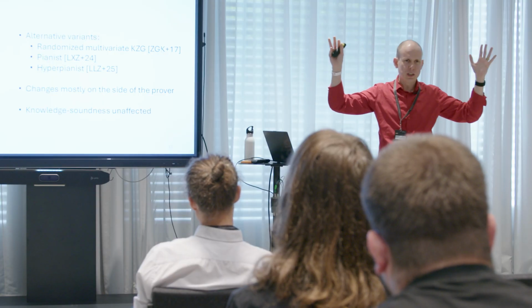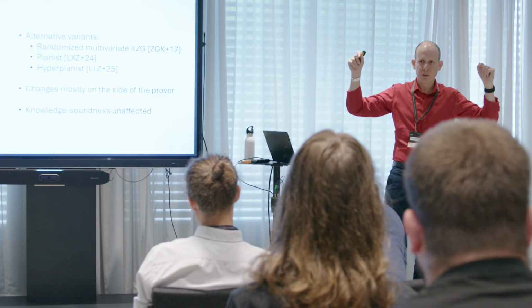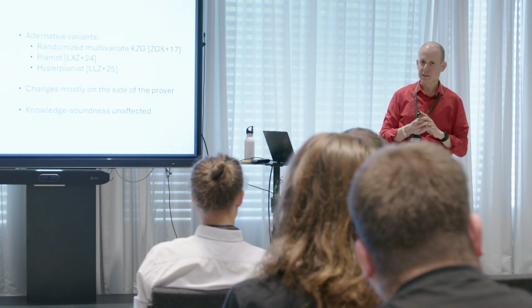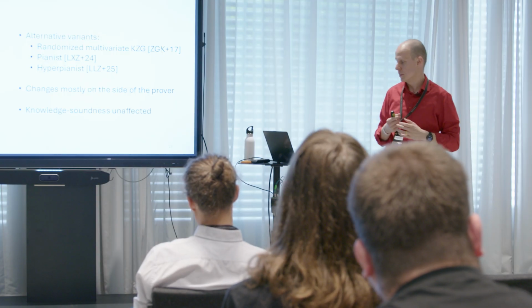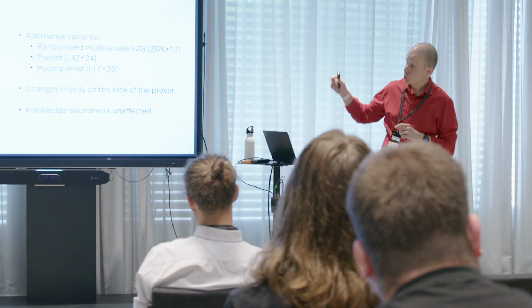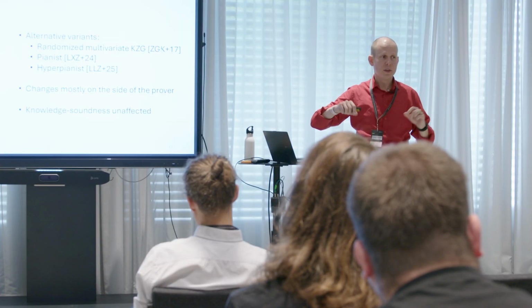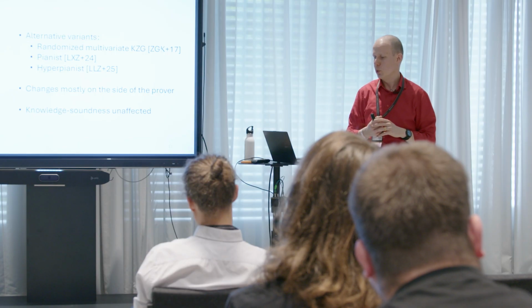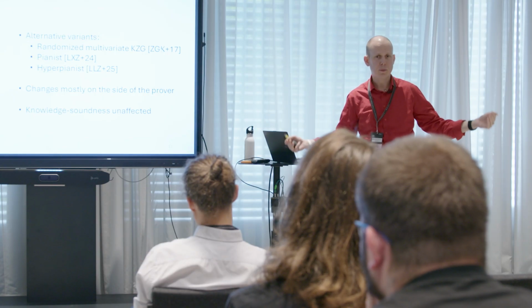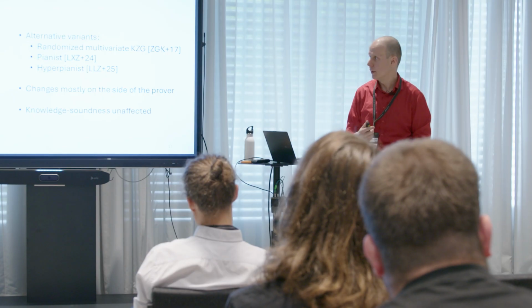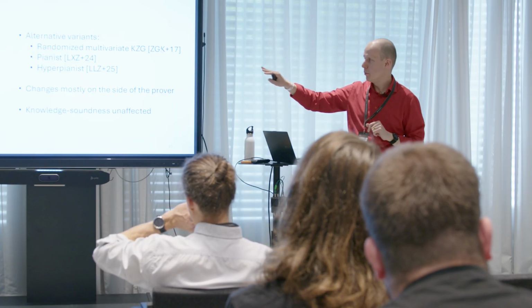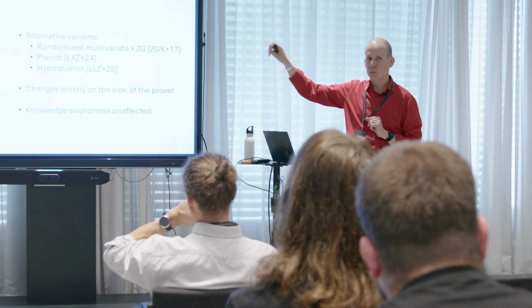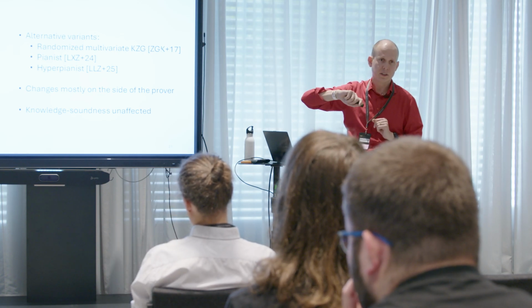There's a huge machine that has to do all this work, and it's not easy for practical instances to work with these polynomial commitments. It would be great if you could move to a distributed setting, distributing the work to many machines and then aggregating. And this has been done: there are the Pianist and HyperPianist variants that give you a distributed prover for this multivariate KZG.